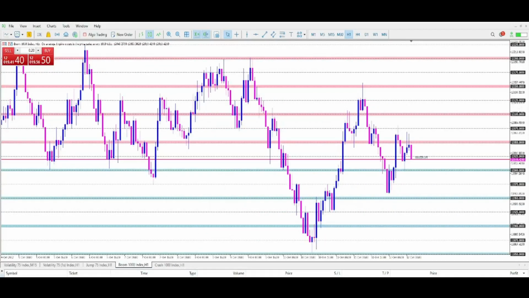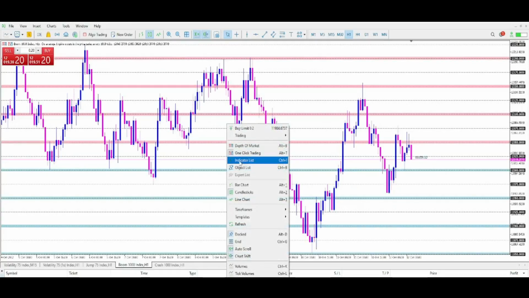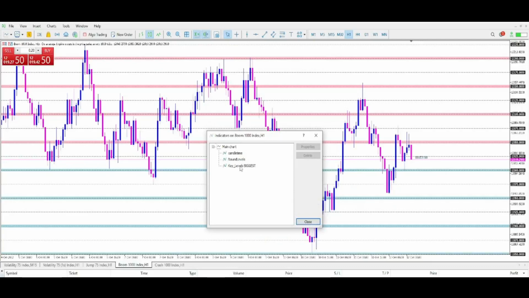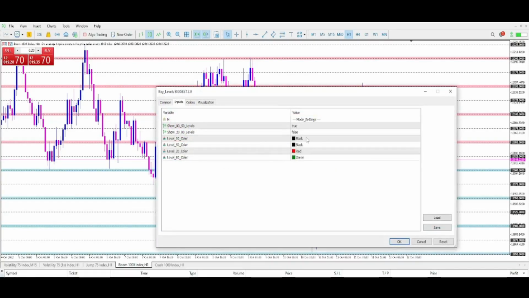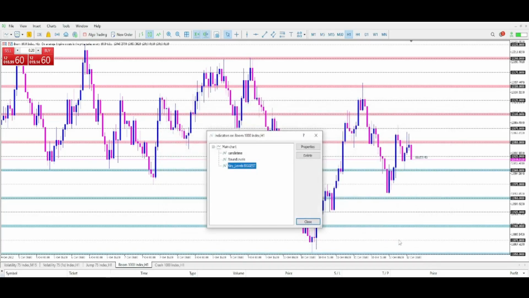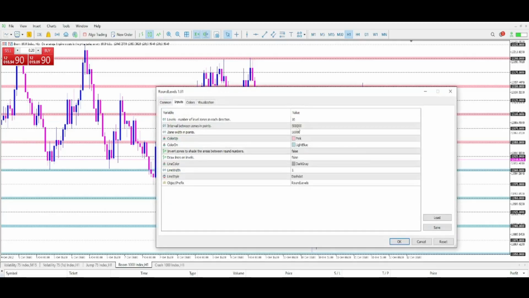Then we go to Boom 1000. We go to the indicator again, Key Level Biggest. You don't really need to change anything in here except changing this color to black and this color to black, and set false on the 20 and 80 levels. Just say false and only leave the 00 or 50 levels as true. That's all the settings that you need in there. The round levels again are 500,000 versus 50,000.